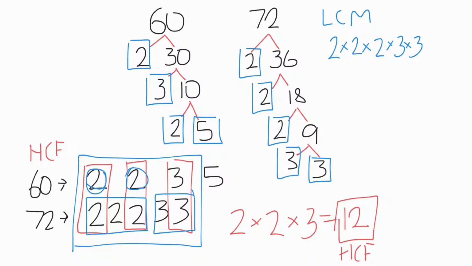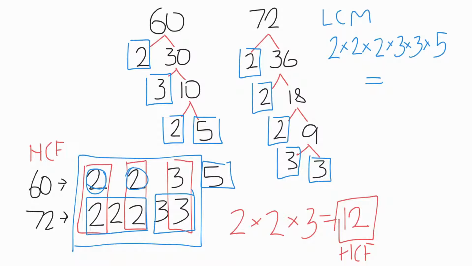So again, we just count when there's the most of the number. We don't count them if there's only one, we count them 2. And then the 5, there is only one of that, so that's the most 5's. So we multiply all this together.